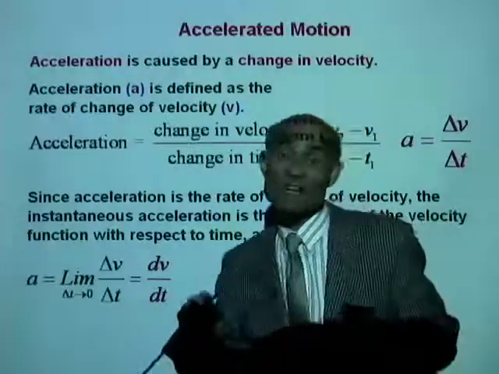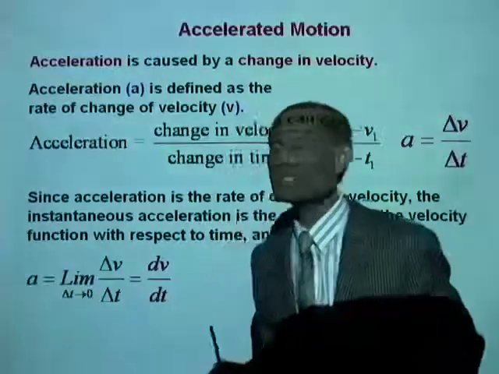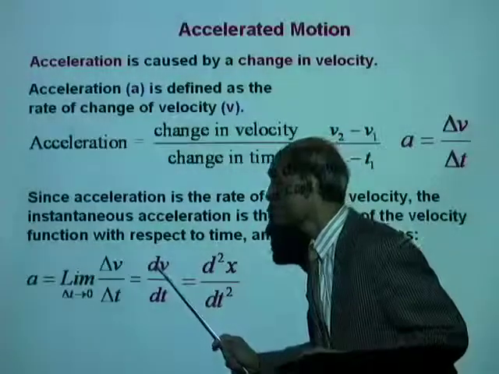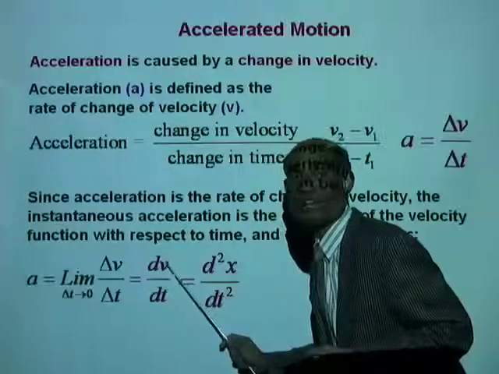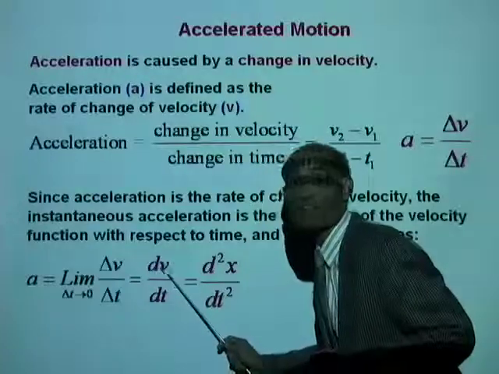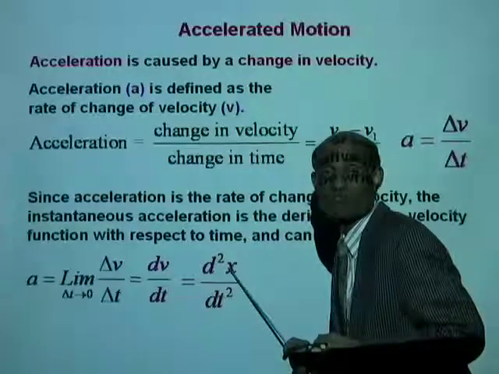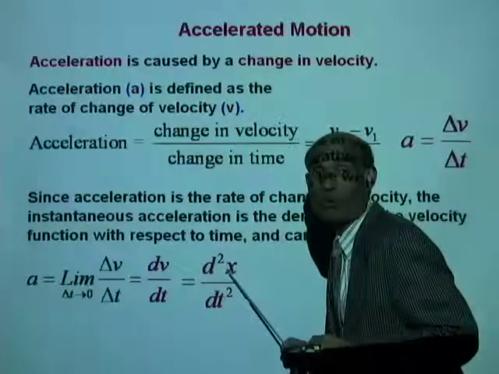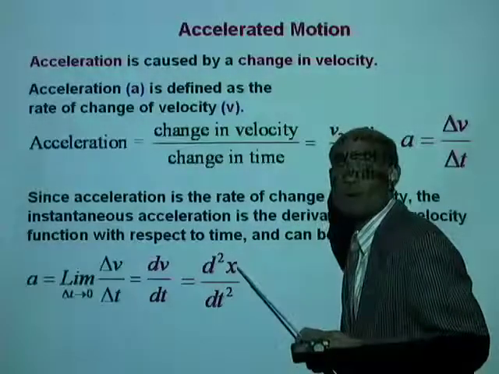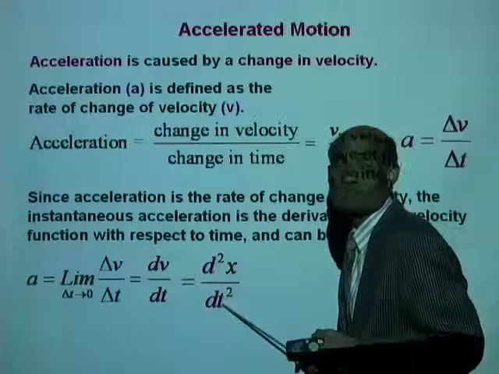So all these can be expressed very easily using the notations of calculus. Look at this, the derivative of velocity with respect to time. But velocity itself is the derivative of the position function. And therefore, acceleration is the second derivative of the position function with respect to time.